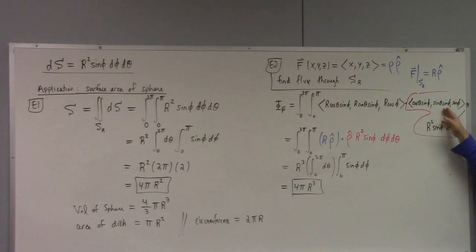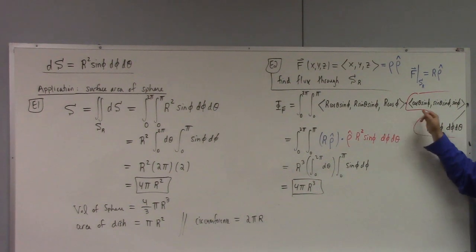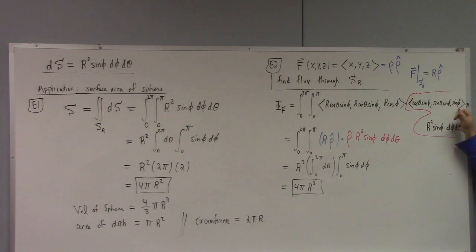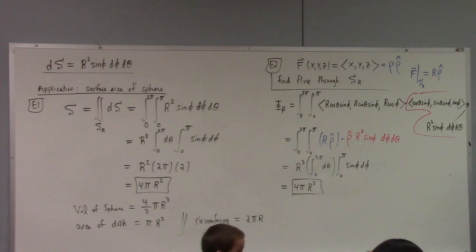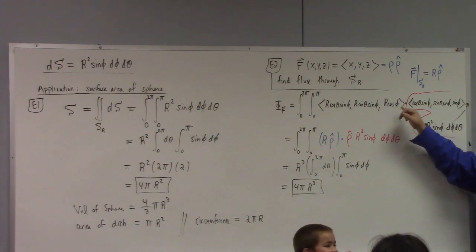This times that gives you a sine squared theta sine squared phi. So that'll give you a sine squared plus cosine squared, which leaves you with a sine squared phi. And then the last term gives you a cosine phi sine squared phi.